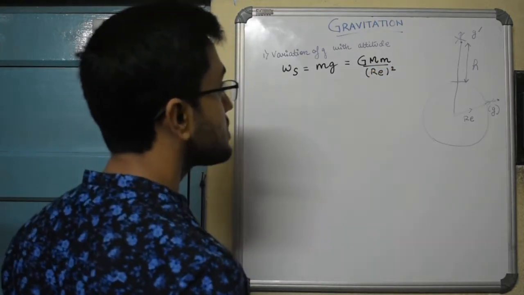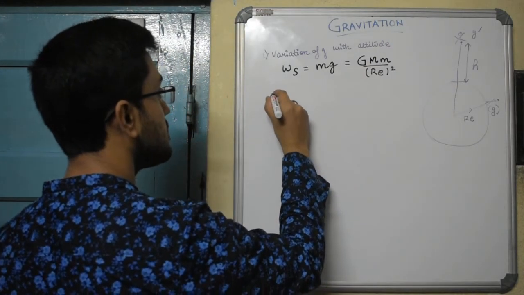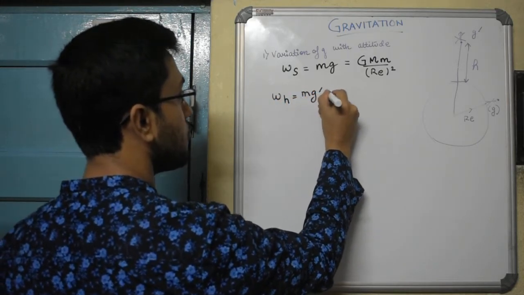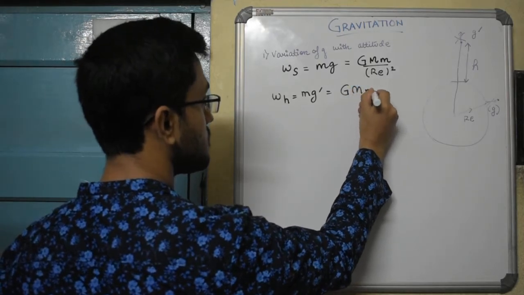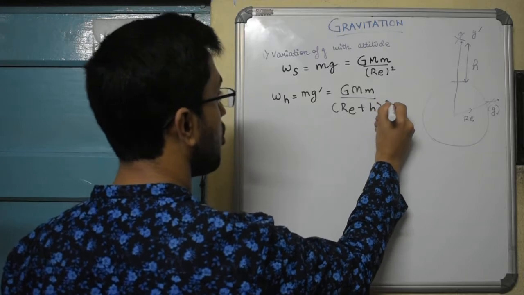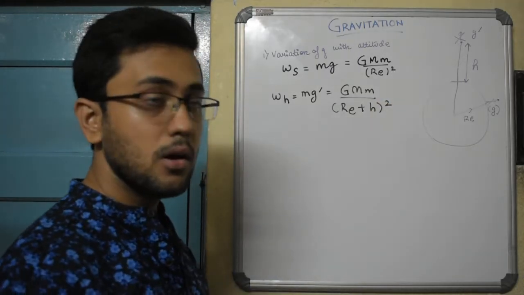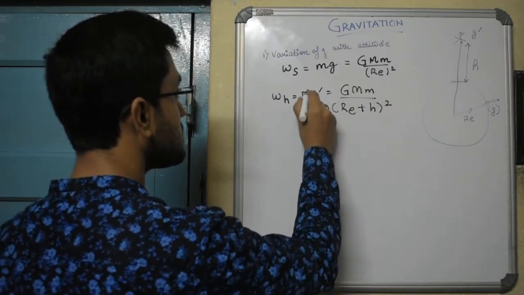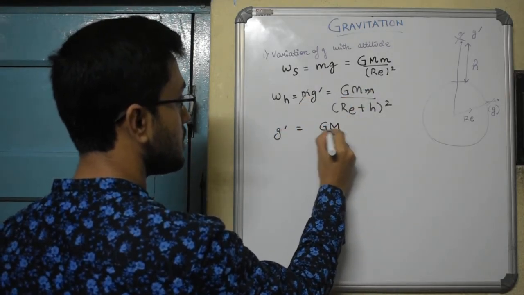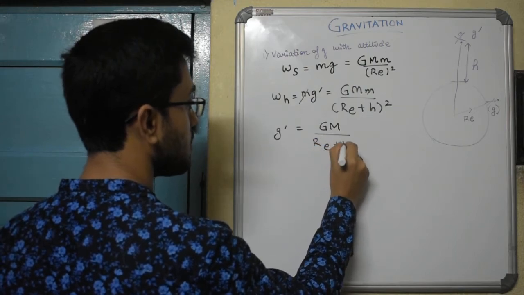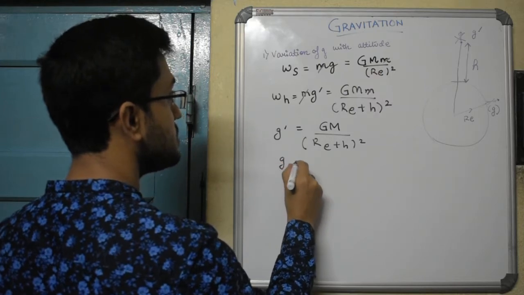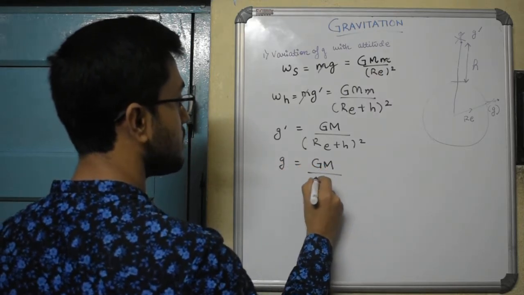In the second case, when you are at some height, weight is your mass times g dash, which is G M into your mass divided by, this time, radius of earth plus the height whole square. So from here you can see that g dash is GM divided by radius of earth plus height whole square, and g is equal to GM divided by radius of earth square.